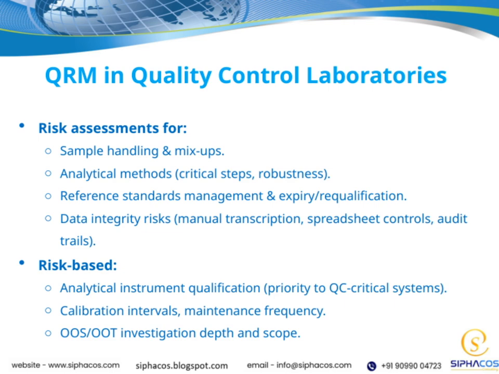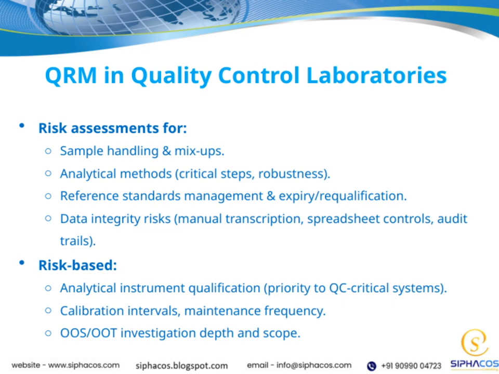Data integrity is also a major concern. Risks like manual transcription errors, spreadsheet controls, and maintaining audit trails need to be evaluated carefully. Protecting data accuracy and traceability is fundamental to compliance and reliable decision-making. Moving on to risk-based considerations, we prioritize analytical instrument qualification, especially for systems critical to quality control.